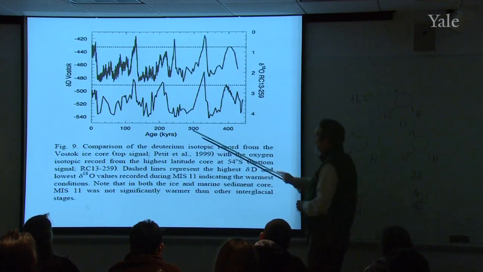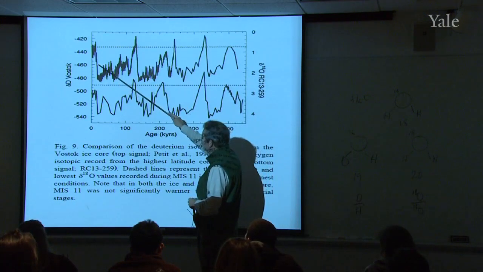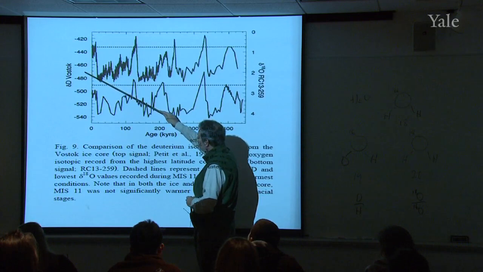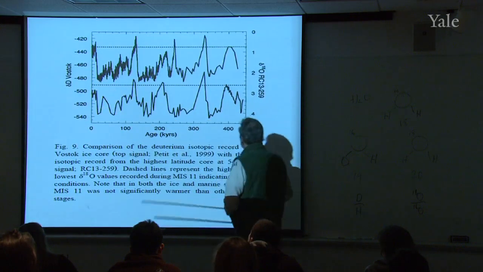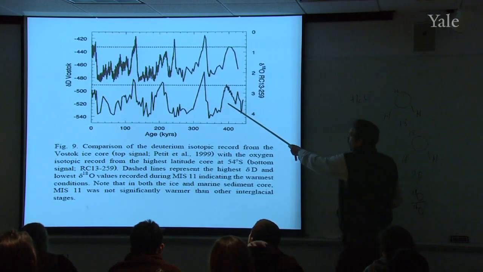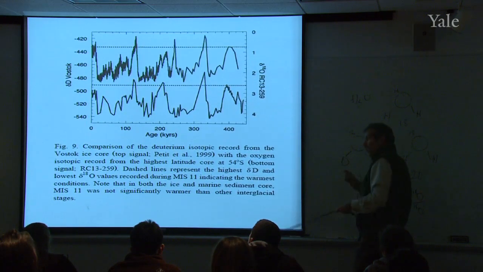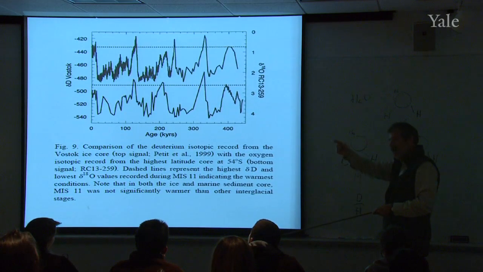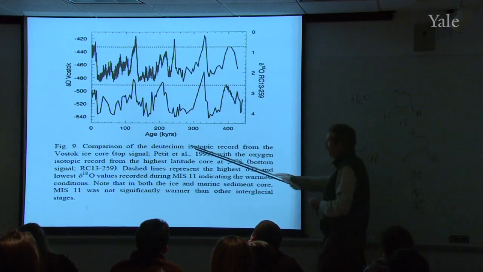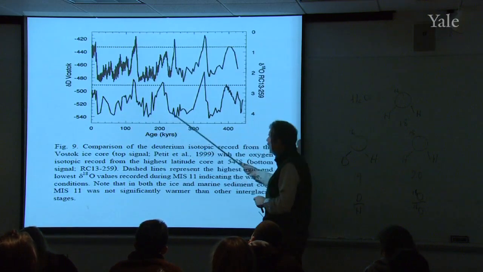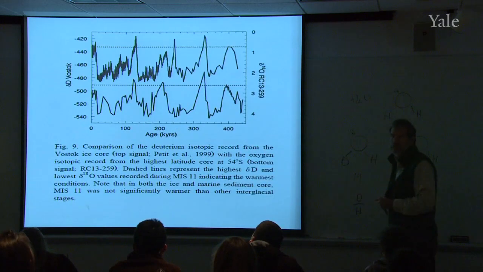And notice how they line up, but the signals are opposite. So during an ice age, the delta D is more negative, whereas the deep sea sediment core is more positive, because you've stored light water on land, made the oceans heavier, and that signal is coming through.